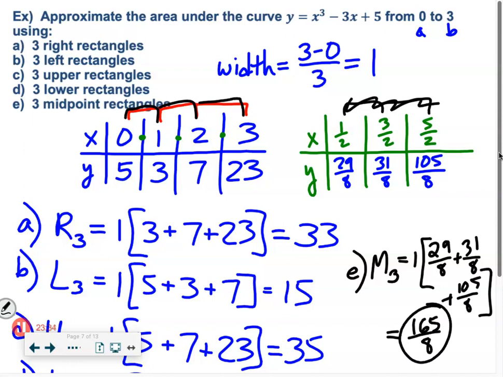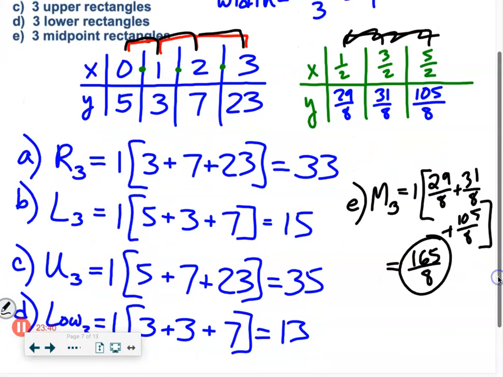All right, so in case you're wondering, 165/8 is around 20.625. Midpoints, if you had to choose between left, right, upper, or lower, midpoints actually give you the most accurate of those 5 approximations. So there you go.